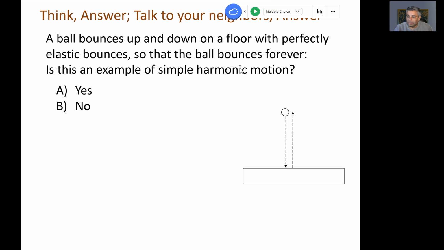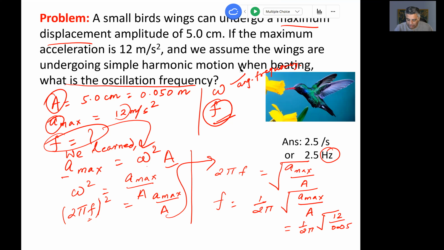Okay, somebody did not get 2.5 on the last slide. Maybe I made a mistake, or maybe you made a mistake. Centimeters to meter, 100, right? So 0.05 sounds to be correct.